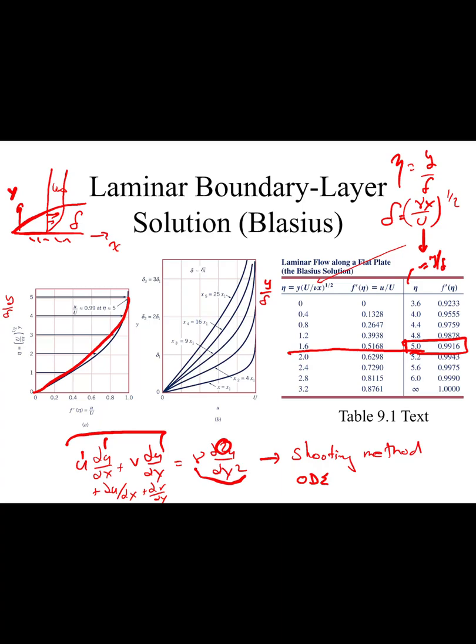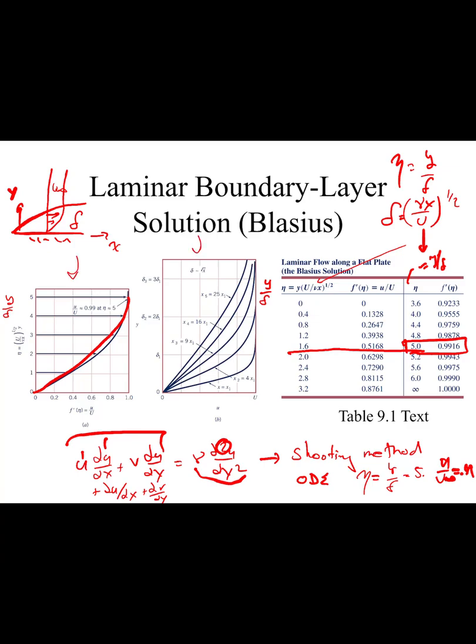That's our delta 99, and eta is equal to 5 at that location. So that means that eta, which is equal to y over delta, is equal to 5 when we have u over u infinity equal to 0.99.